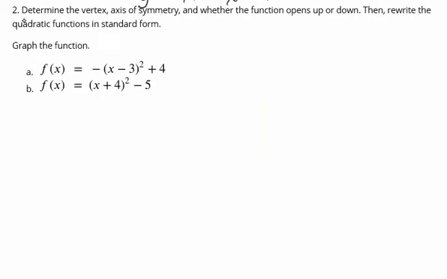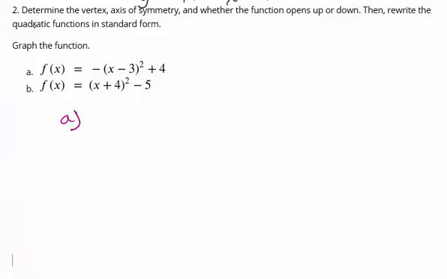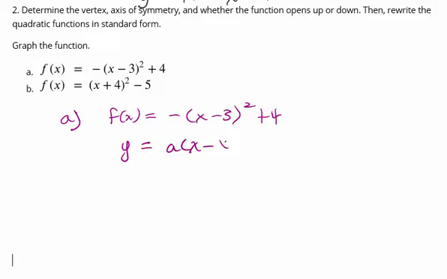For number 2, we're going to determine the vertex, axis of symmetry, whether the function opens up or down, and then we're going to rewrite it in standard form. Okay, so we'll just do one of these, part A. We start with f of x equals negative x minus 3 squared plus 4, and we compare this to vertex form, which is y equals a times x minus x sub v squared plus y sub v.